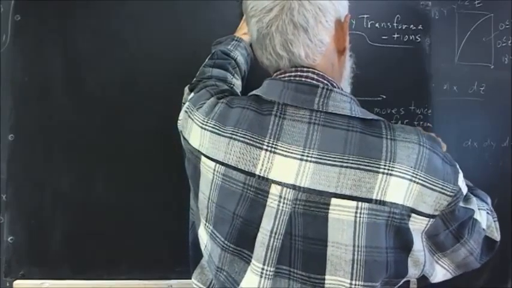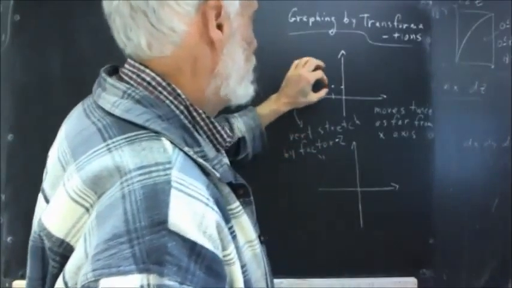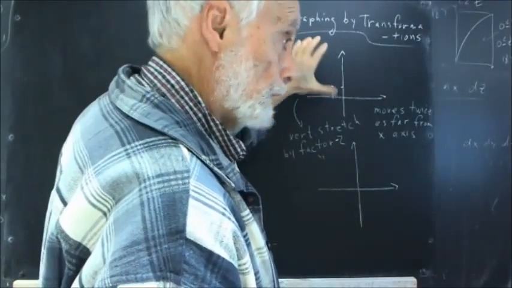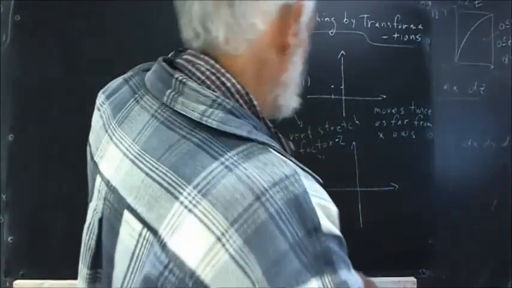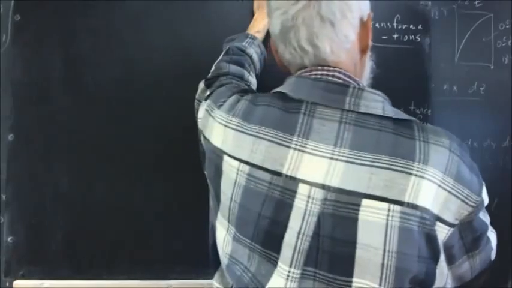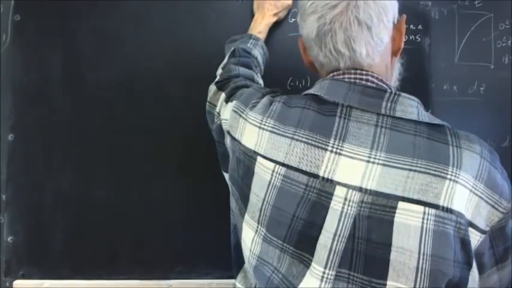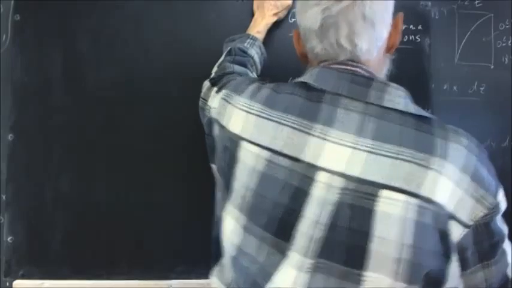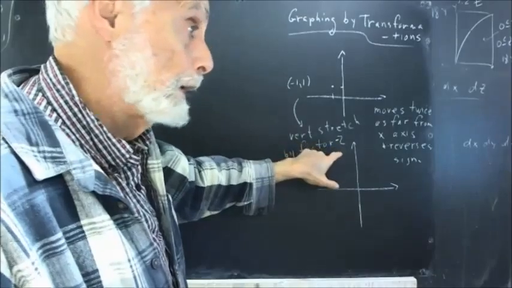from the x-axis. Because what a vertical stretch does is it multiplies the y-coordinate by whatever the vertical stretch factor is. Okay? And it also reverses the sign. Okay, so basically we're multiplying our y-coordinate by -2.